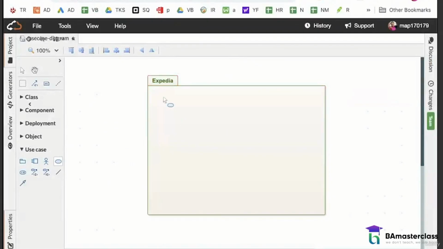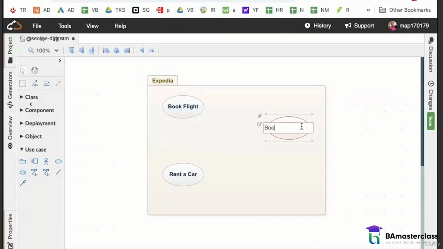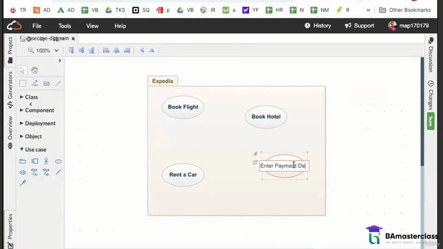My use case names are Book flight, rent a car, book hotel, and enter payment details. I'll have my actor here, that is an online user.